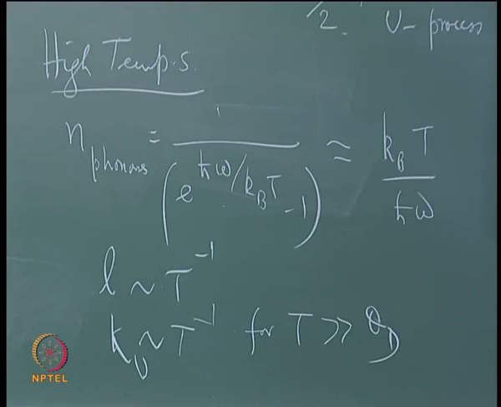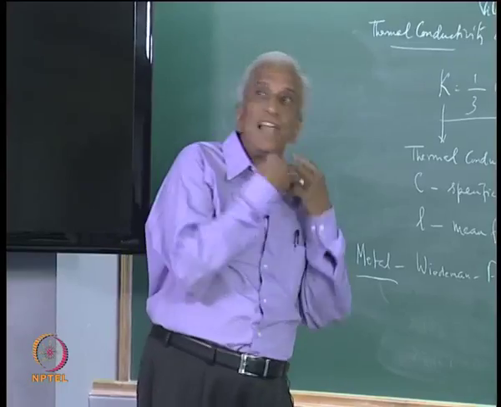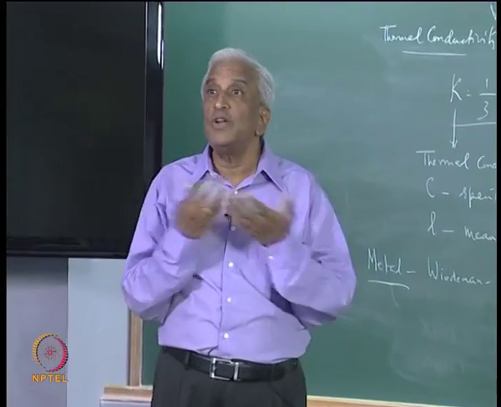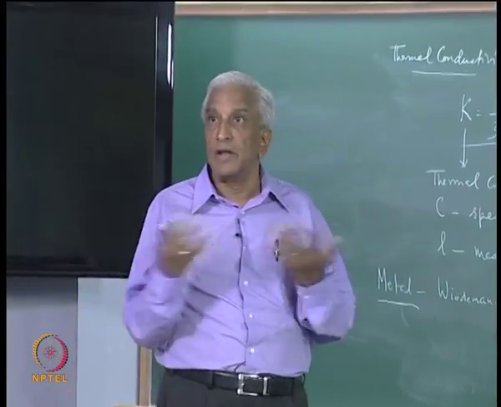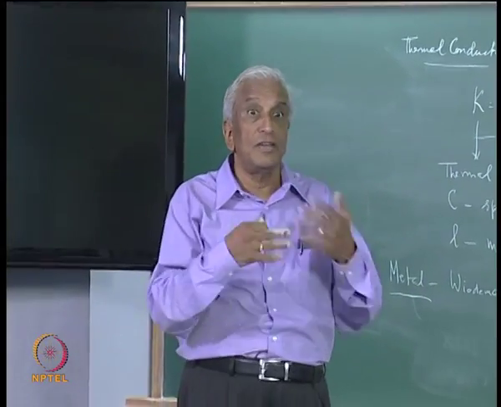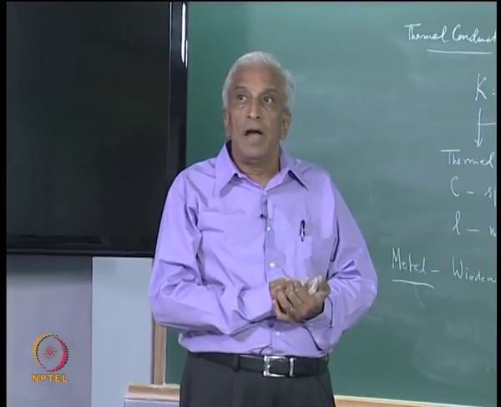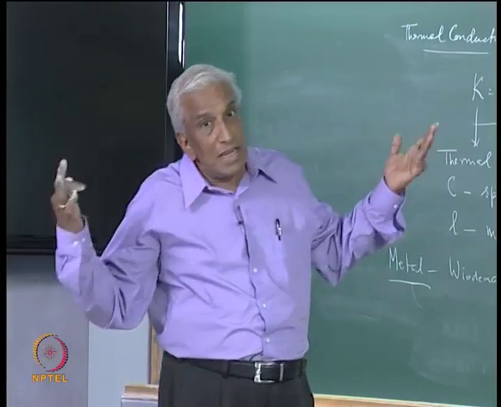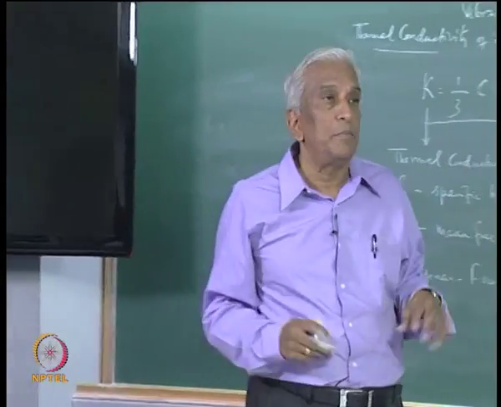At a high temperature, if you have a pure solid which is well annealed, then impurity scattering can be neglected. There are not many impurities. We are considering a pure specimen. And if the crystal size is fairly large, then boundary effects can be neglected.